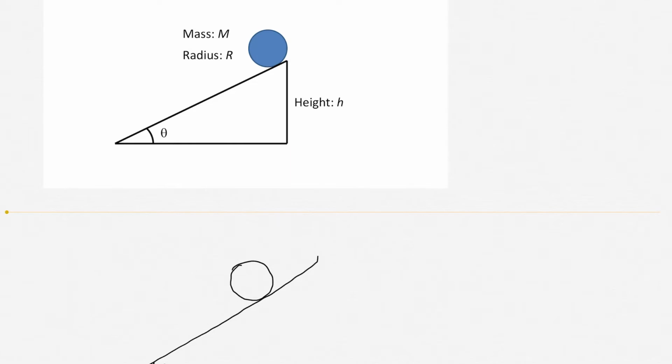Actually, the forces acting on this object are mg, the gravitational force, the normal force, and the friction. These three forces act on this object. The angle of the slope is theta.